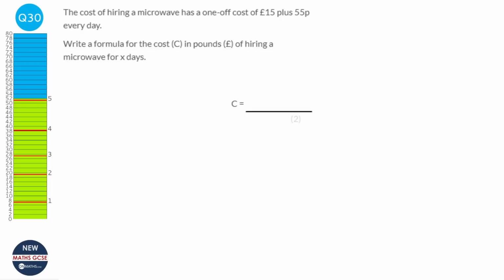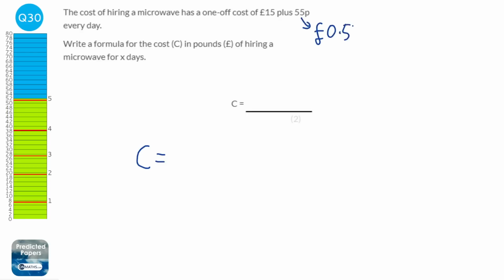So we're looking to write a formula for the cost in pounds of hiring a microwave for X amount of days. So the cost is C, so it's going to be C equals, and it says it's going to be 55 pence a day. Now, it wants the answer in pounds, so we need to convert this 55 pence into pounds.